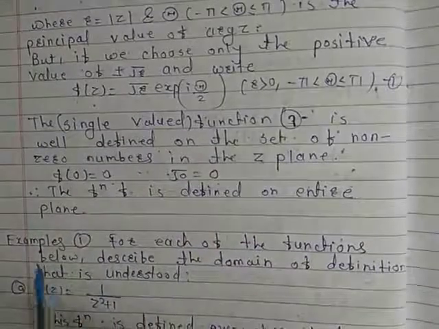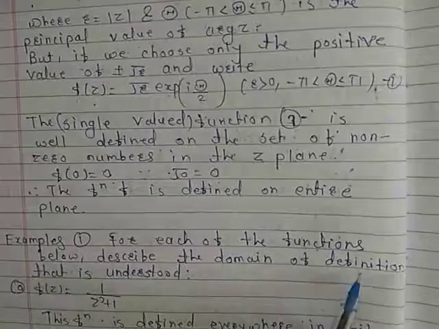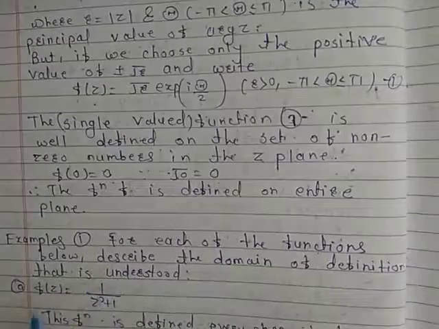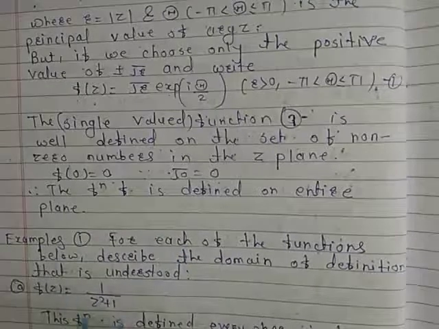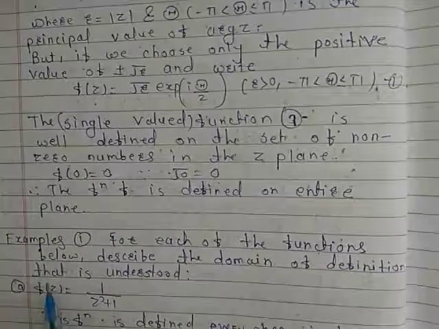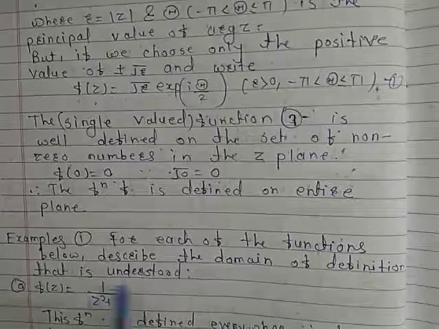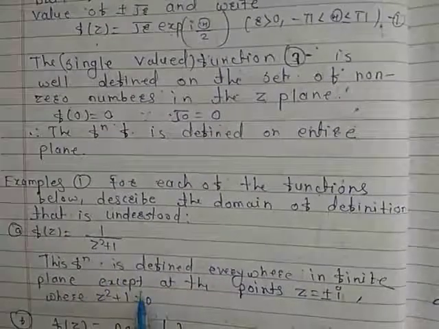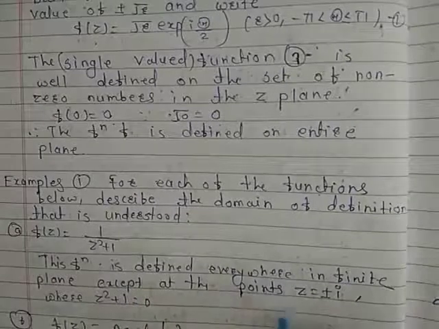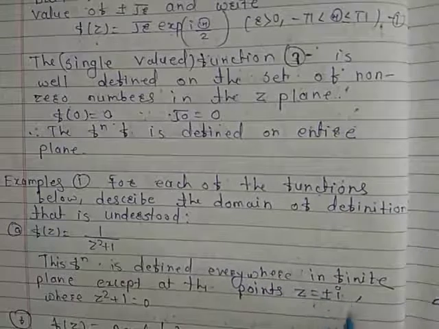Okay. Let us take an example. For each of the functions below, describe the domain of definition that is understood. That means we have to describe the domain for the given function. First example is f of z is equal to 1 upon z square plus 1. This function is defined everywhere in the finite plane except at the points z is equal to plus or minus i.